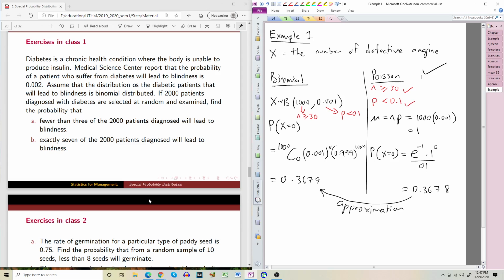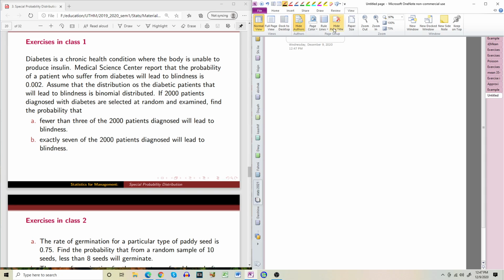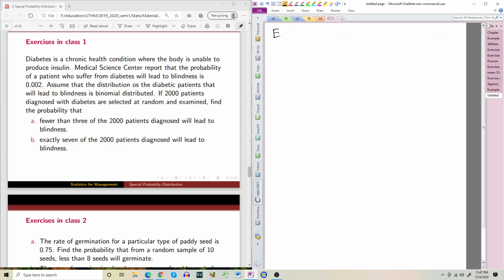Now I suppose you guys have copied this. Let us start exercise in class 1. Please read. Diabetes is a chronic health condition where the body is unable to produce insulin.